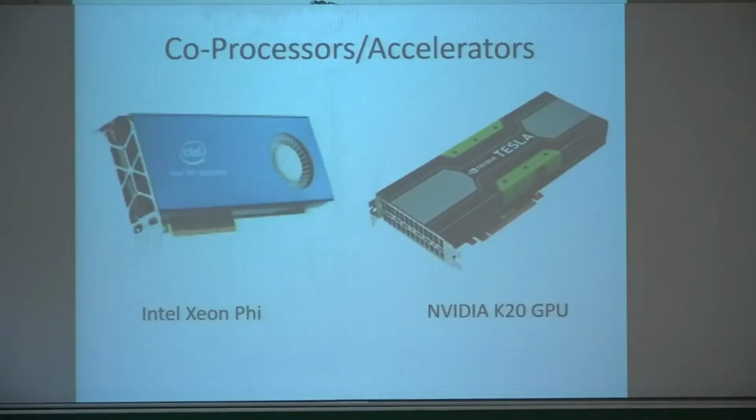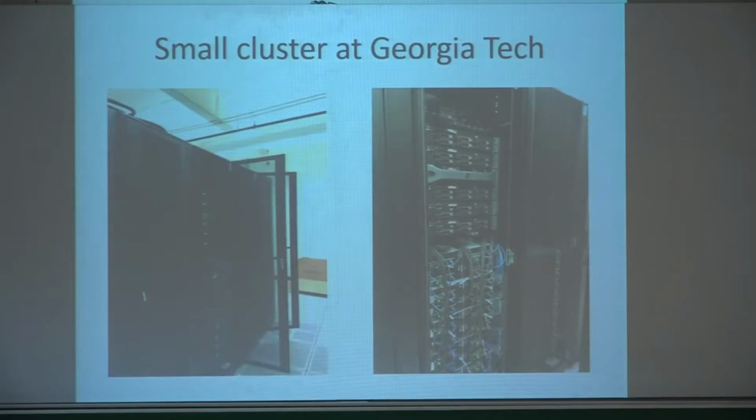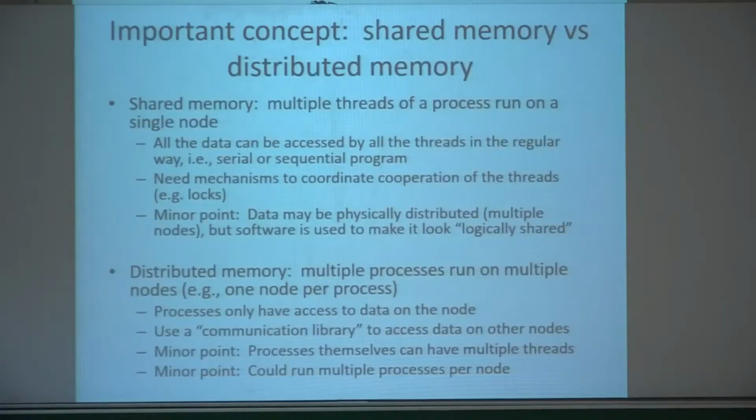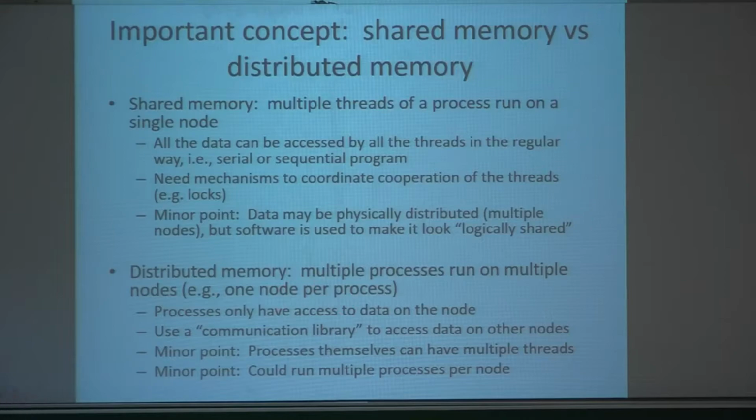And if a program is using all of these compute nodes to cooperatively do one computation, in order to access the memory on some other node, you have to do something special. Okay, you just can't read the memory directly using an address like you would in the shared memory case. So these are the two main cases, shared memory and distributed memory.